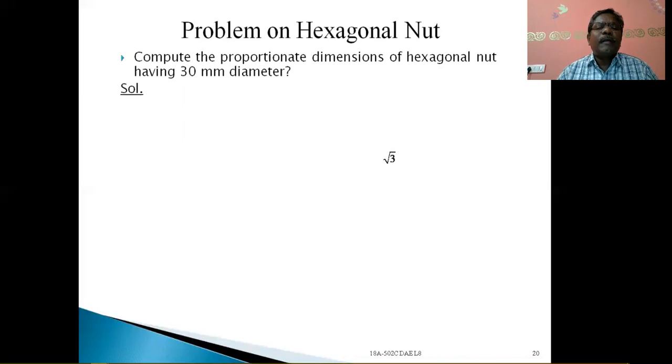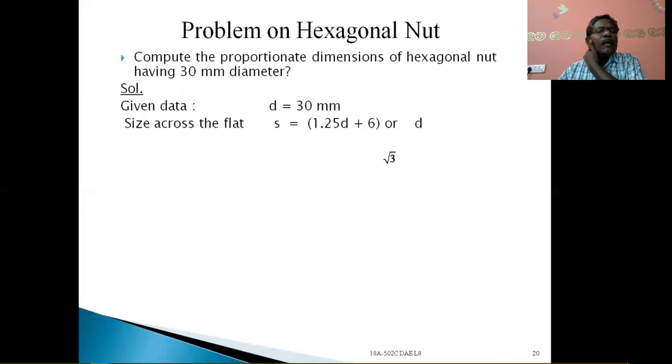So let us see. Nominal diameter D is equal to 30 mm, and same as in the previous case, size across the flats S is equal to 1.25D to 60, or also sometimes it may be under root of 3D, right? And the values obtained here are the standard values.